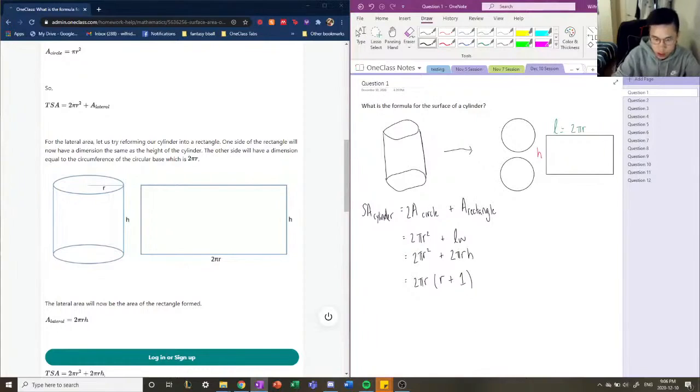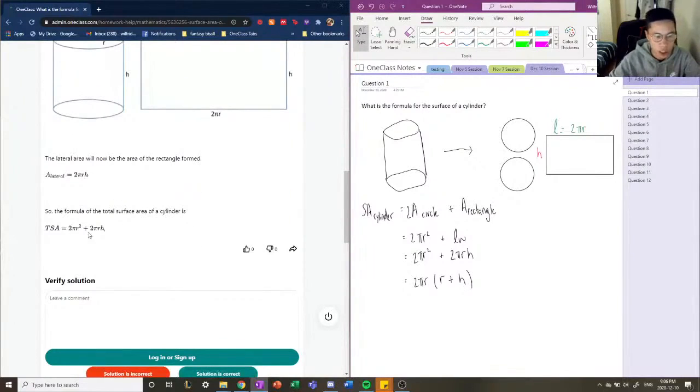So this should be h. Okay, so this is the surface area of a cylinder, which is 2 pi r squared plus 2 pi r h, or 2 pi r times r plus h.